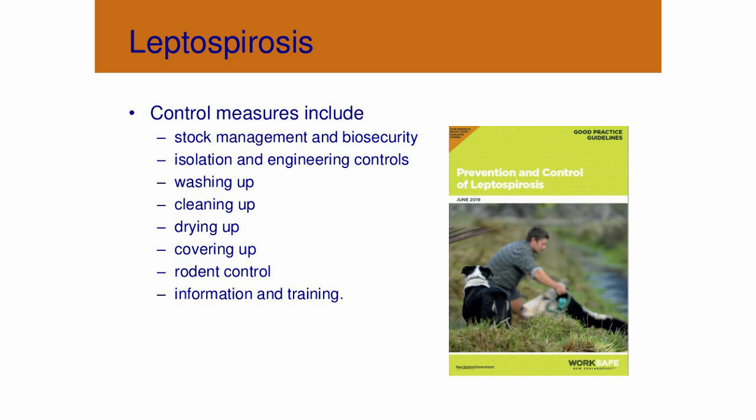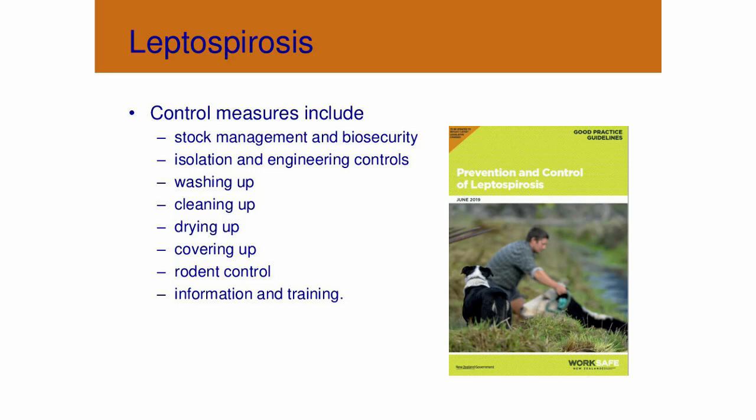Other higher order controls include isolation and engineering controls, so using screens and shields to contain droplets, using drainage to help prevent the buildup of stagnant water and animal urine that may become a source of droplets, washing up, so hand hygiene, showering, cleaning up, keeping the workplace clean to discourage rodents, and cleaning up animal urine.